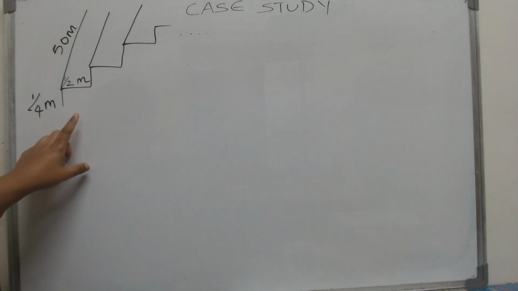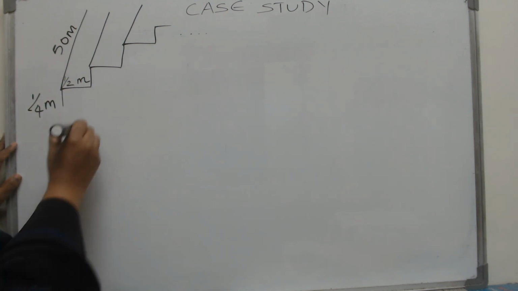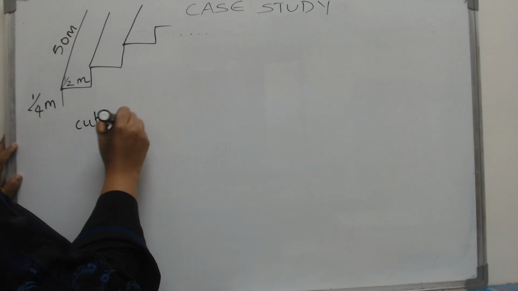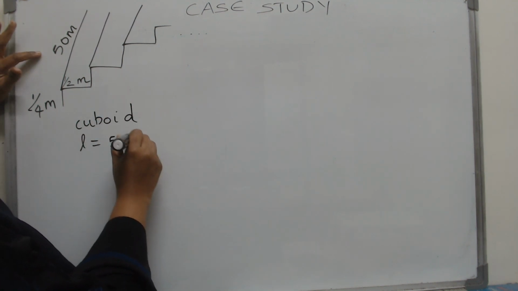Now, each and every step, tell me what shape does it have? What is the solid figure that you can think of which has a length, a breadth and a height? It is a cuboid. So each and every step is a cuboid. All of them have the length of 50 meters.